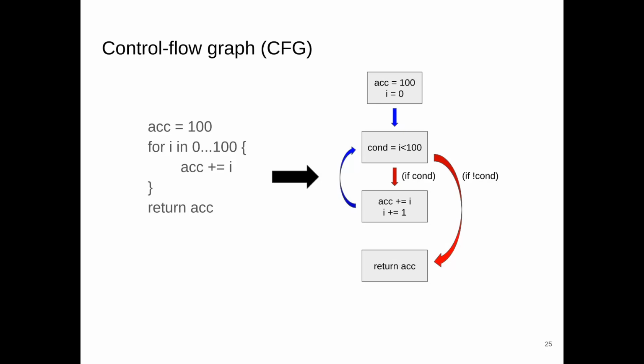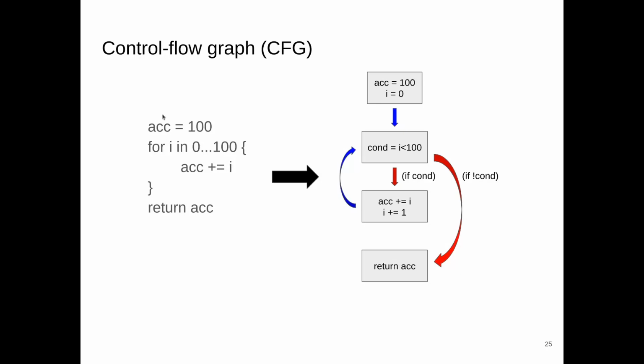The first characteristic of this IR is the control flow graph, or CFG, that looks like this. This is just a graph instead of many lines of code. In C and C++, you write programs line by line.